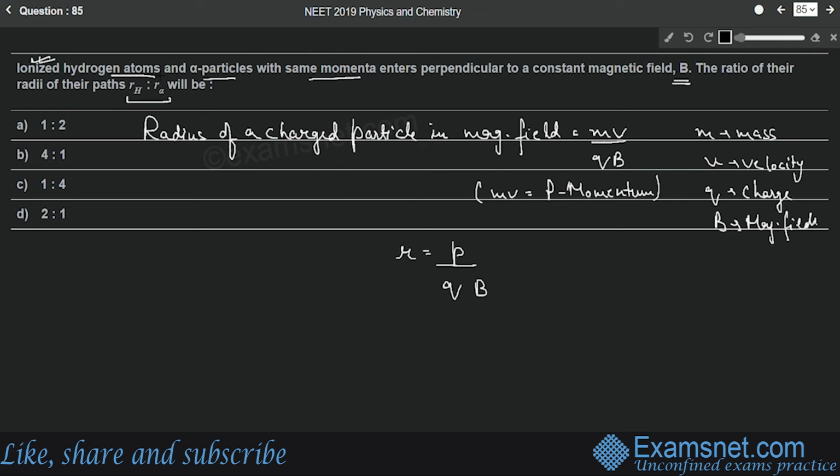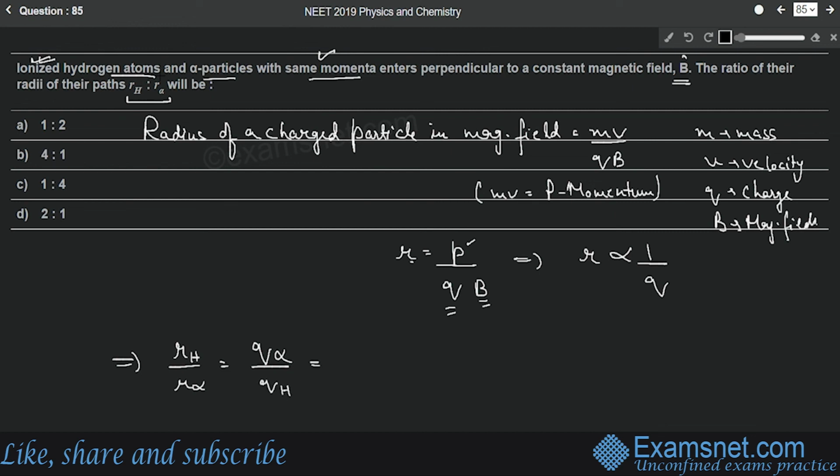Now it is given that both the charged particles have same momenta. That means P is same. Also they enter into a constant magnetic field capital B. So B is also same. That means radius will depend on the charge on the particle. So radius is inversely proportional to charge. That means RH by R alpha will be equal to Q alpha divided by QH, because both are inversely proportional.